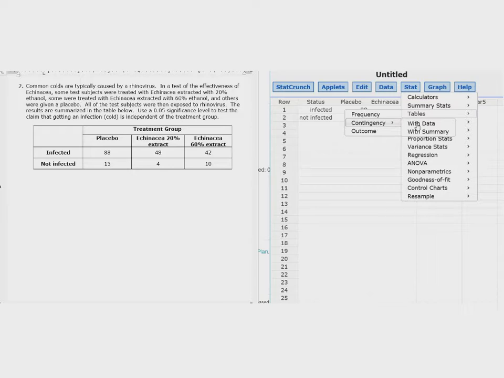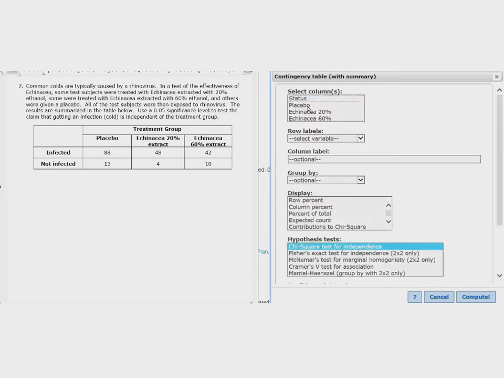We don't have raw data. If we have it summarized in a table, then it's with summary. Okay, so for this, you need to select all the columns that have the numbers in them. So you have to select all 3 of these. And then for your row labels, that was in the status column. And then we're doing a chi-square test for independence.